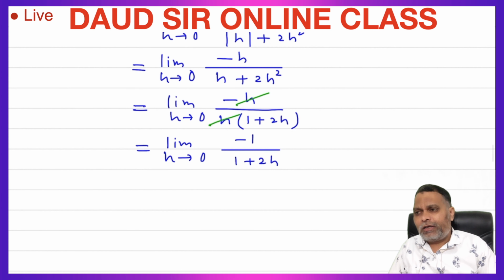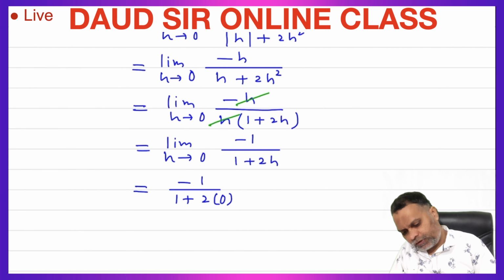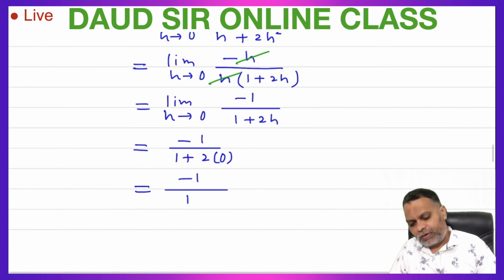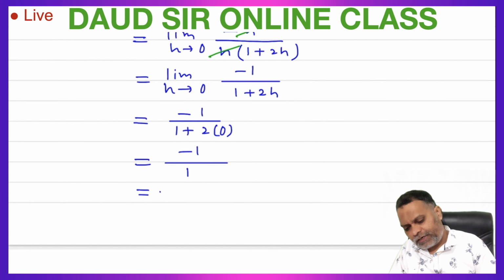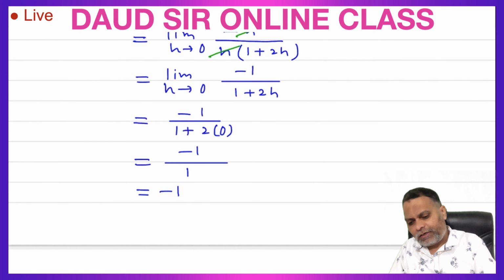Now if we put h is equal to 0, then it will not become 0 upon 0 form, so we can put h is equal to 0, minus 1 upon 1 plus 2 into 0, which is equal to minus 1 upon 1. Minus 1 upon 1 means minus 1. So left hand limit we have got minus 1.